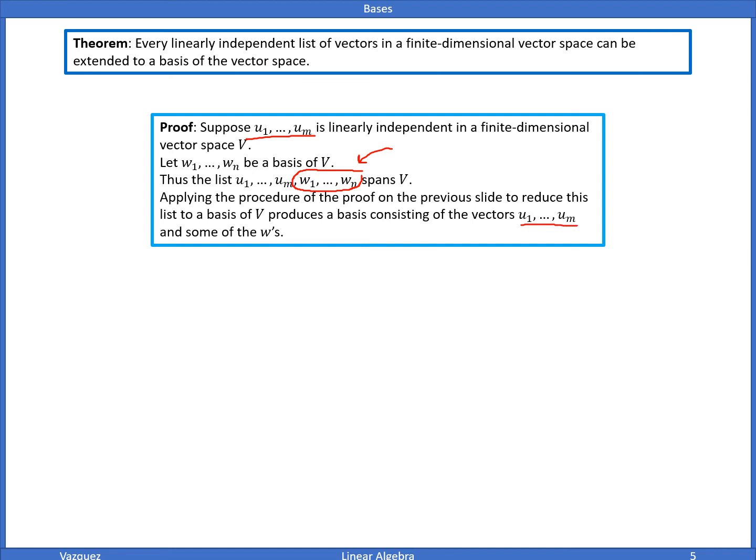We had this linearly independent list, just added some w's, vectors in V, to span the space V, and to be a basis of V, is what we're trying to show. So that's how we can extend to a basis of a vector space given a linearly independent list in the space.